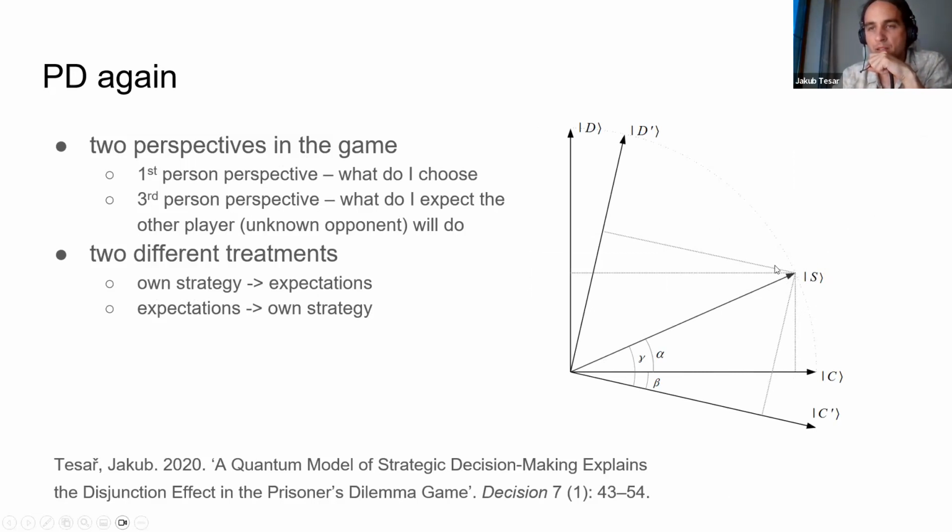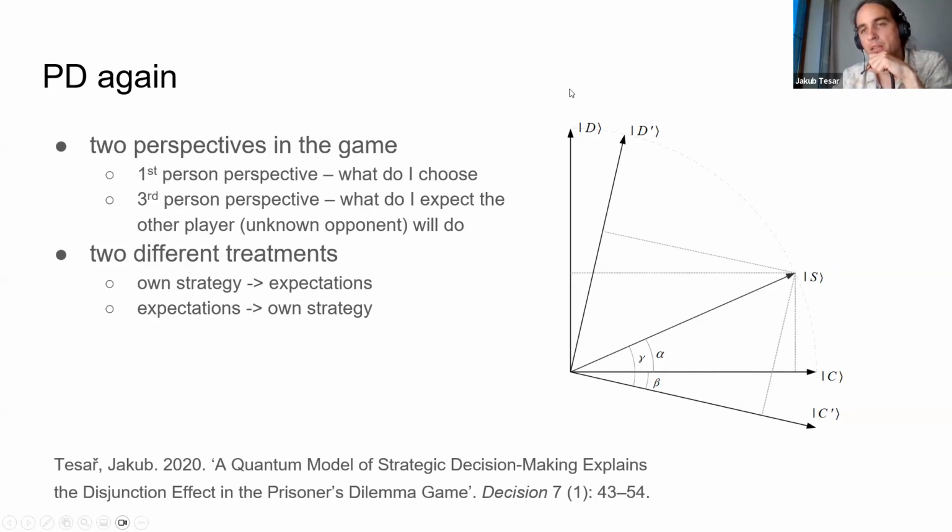If I have this initial state here and first ask what is your strategy, then you first project the initial vector into the vector subspace spanned by the cooperation vector, then you normalize it, and if I ask what is your expectation, you will project it to either cooperation of the other or defection of the other.